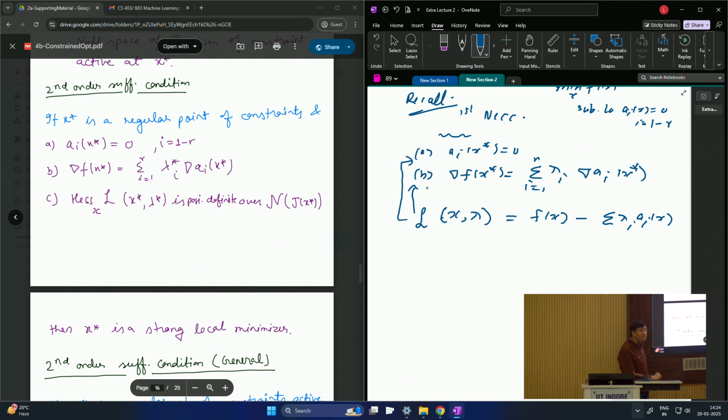What's your name? Are you from math? Yeah, okay, that's fine. So the A condition is coming if you take the gradient of the Lagrangian with respect to lambda. How many lambdas do we have? R lambdas, because we have got R constraints. You have to take partials with respect to lambda and make it equal to 0.